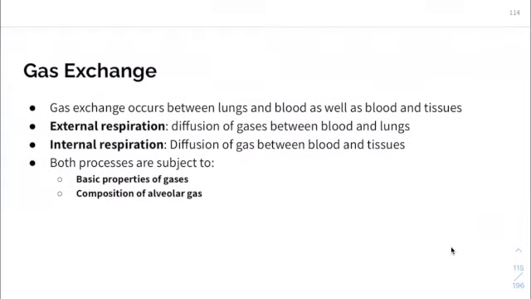So let's start looking at gas exchange. Of course, gas exchange is what happens in the alveoli between the capillaries and those actual alveoli.